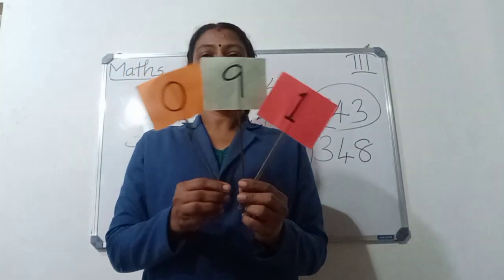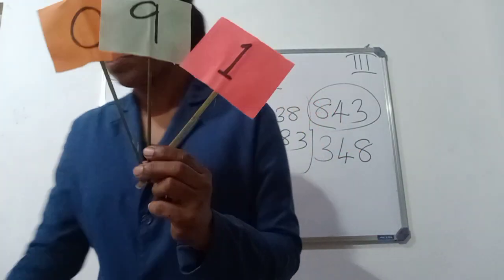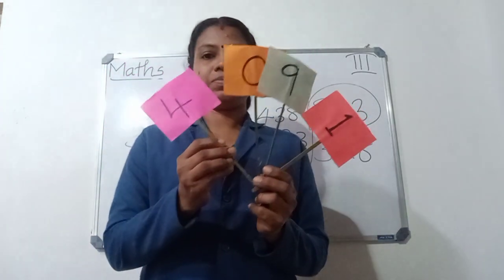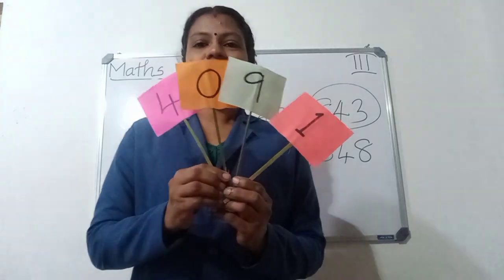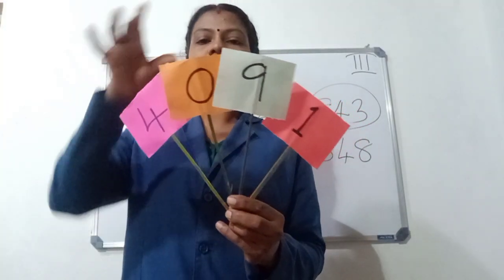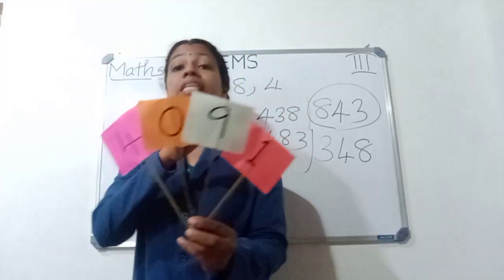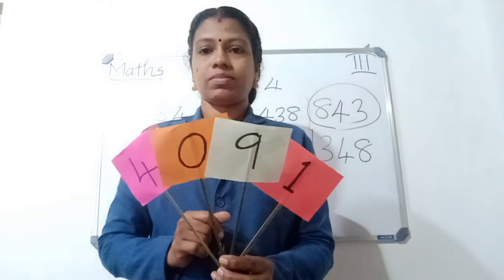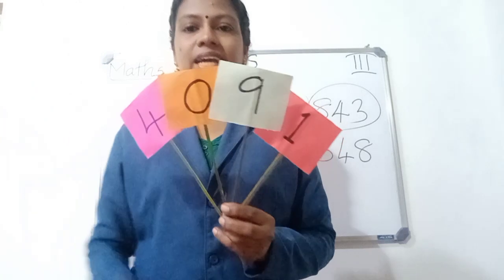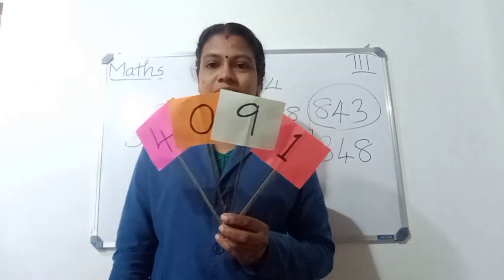Okay, one more example. Here I have 4 digits: 4, 0, 9, 1. Using these 4 digits, write a biggest number and write a smallest number.